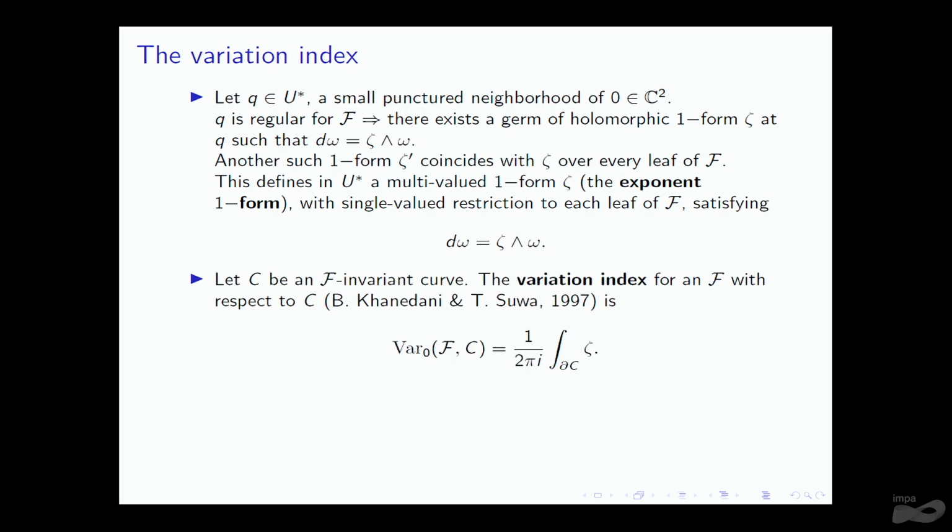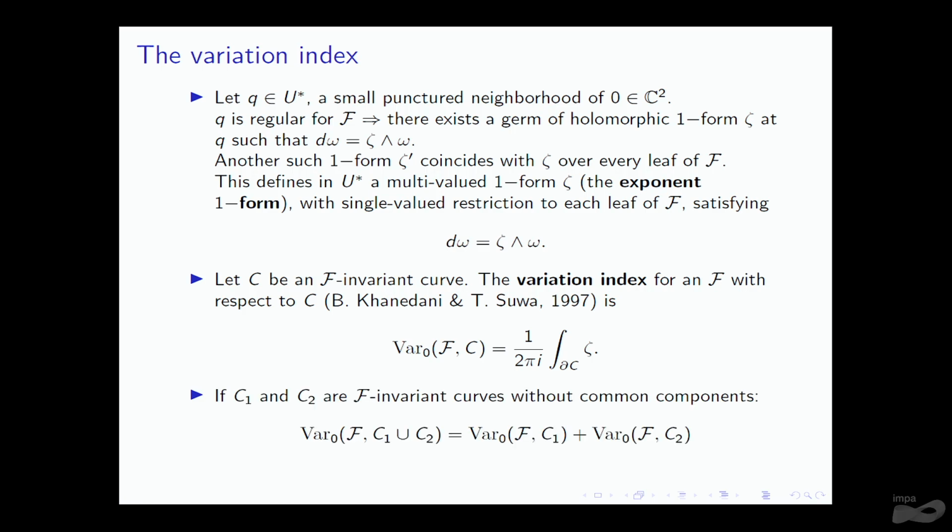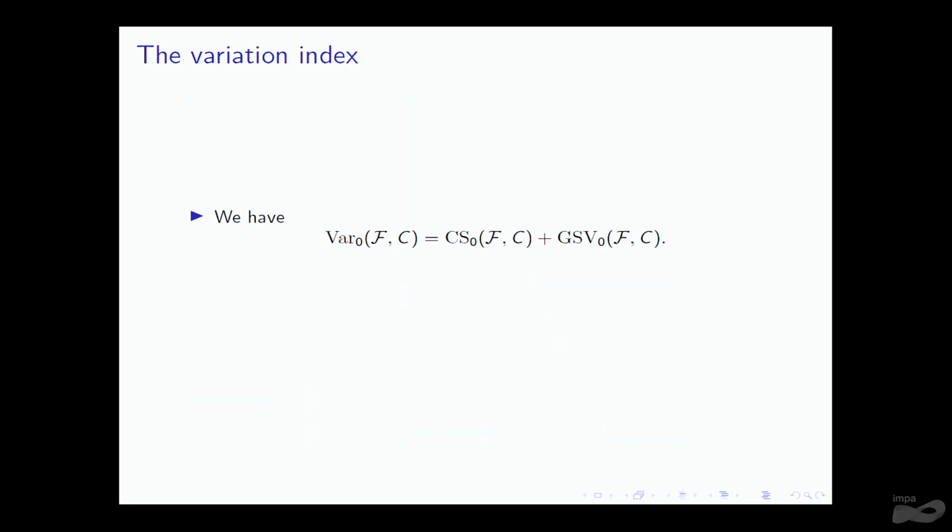I need this exponent one form to define the variation index due to Cano, Corral and Senovilla. I integrate over the link this exponent form. Now the variation index is very well behaved when it concerns unions of invariant curves. It's additive. The variation of C1 union C2 is the sum of variations. I have no more adjunction.